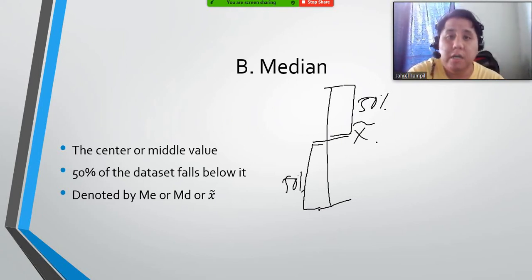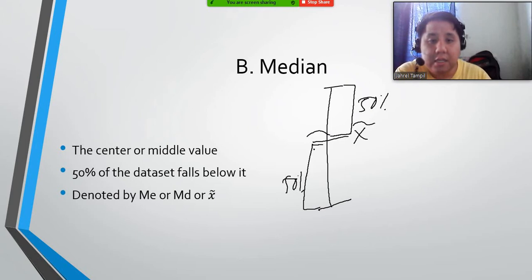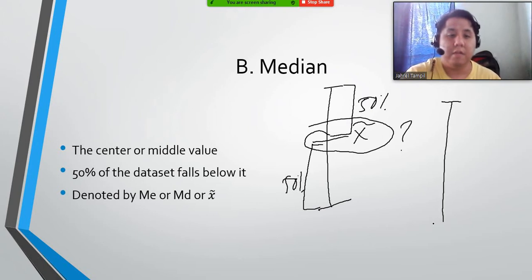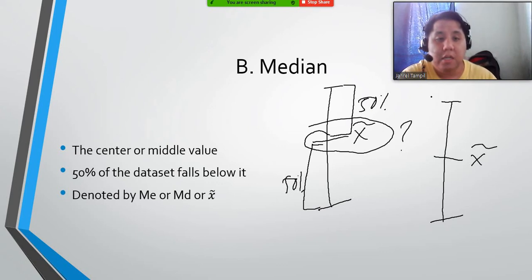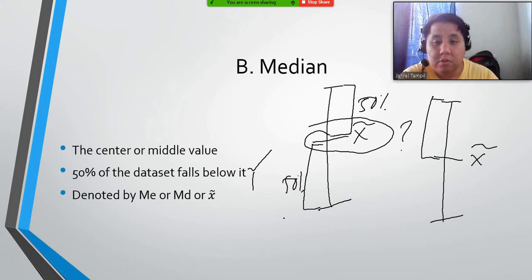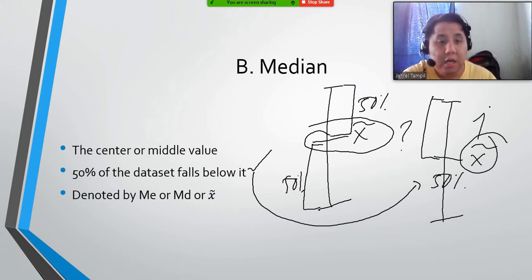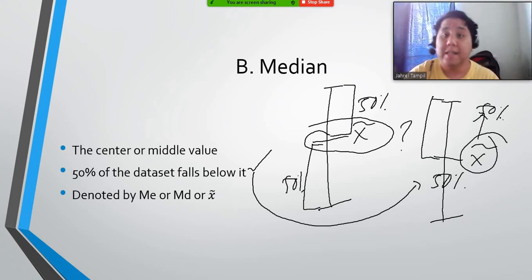However, some are arguing that if that is the case, then is the median not part of the dataset? Now, there are some that argue like this. If we would have, again, another dataset, and this will be our median, the 50% by this definition, since the one below is already 50%, then the median belongs to the upper 50%.